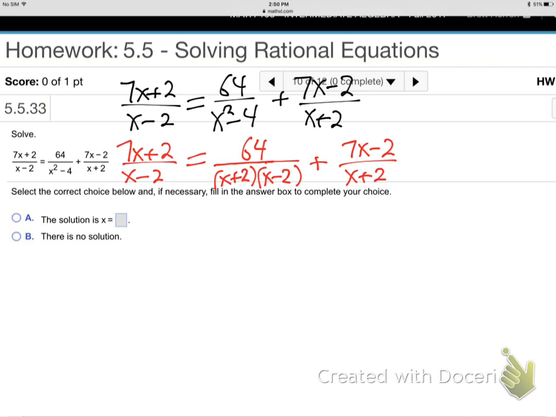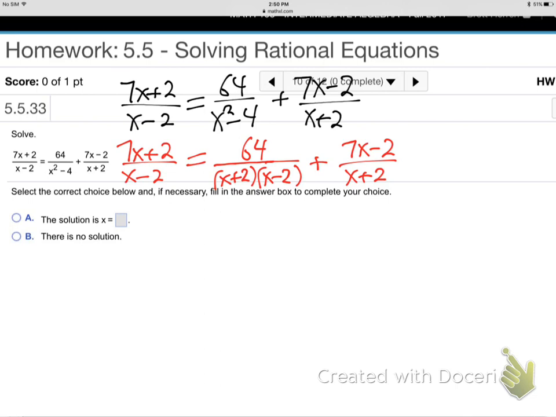Now the LCD, top, top, top. So LCD is x plus 2, x minus 2, right?